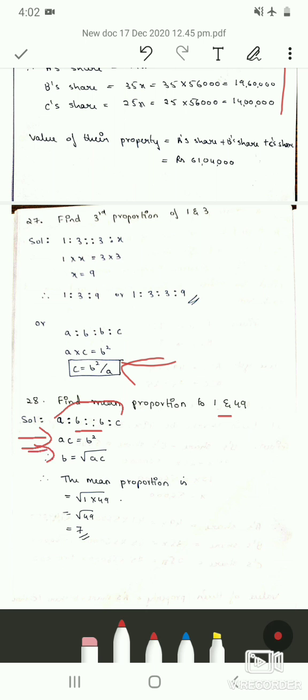So B is equal to square root of AC. A is 1 and C is 49. So the mean proportion is square root of 1 into 49. Square root of 49 is 7. So this is the answer.